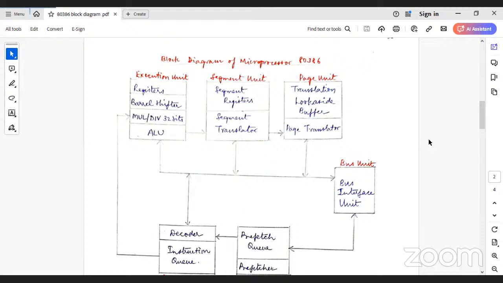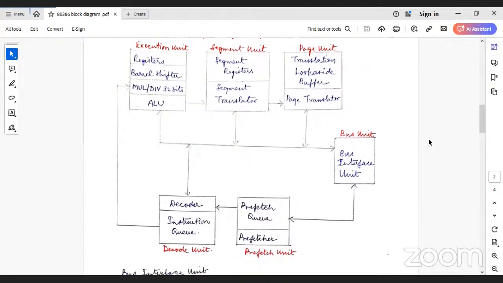Earlier also in 8086 you had a bus interface unit which was interfacing the memory as well as the IO devices or peripherals. Here also the nature of work is the same for the bus unit. Because of the memory segmentation, you have 2 units, the segment unit and the page unit. If you remember the features, it will be easy for you to draw the blocks as well as to write about the architecture, or block diagram, of your 386 processor.